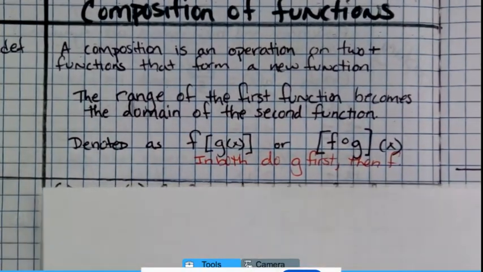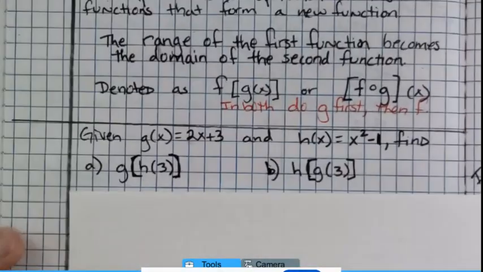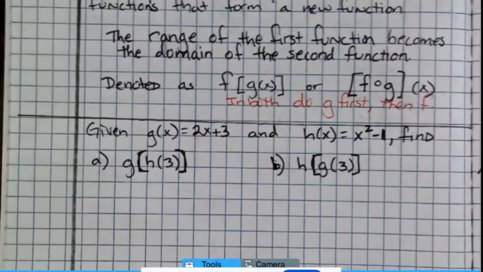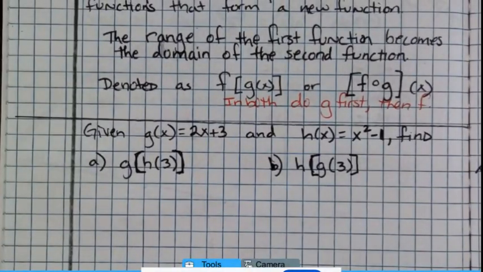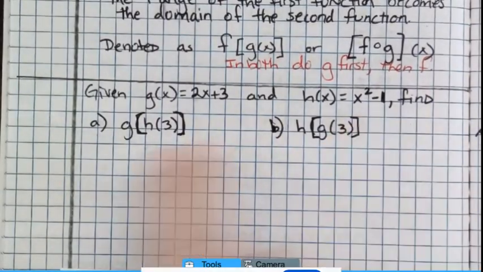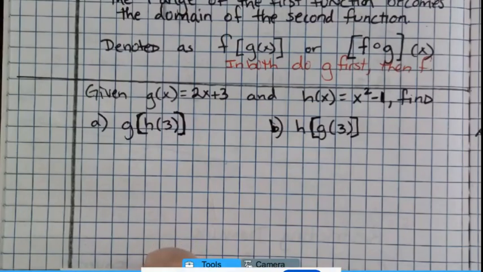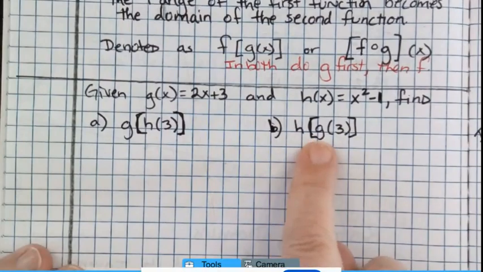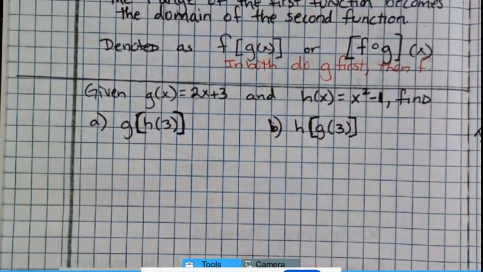Okay. So the first problem we're going to do is this one. Given g of x is equal to 2x plus 3 and h of x is equal to x squared minus 1, we're going to find g of h of 3 first, and then using the same numbers, I just switched the functions to show you that order matters.